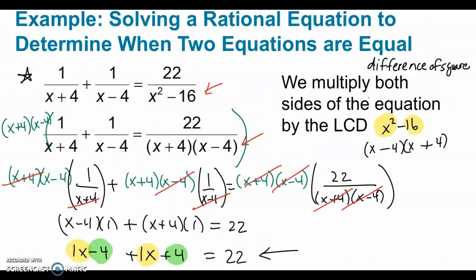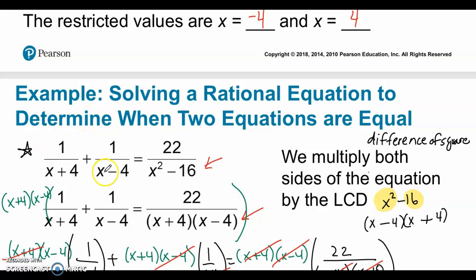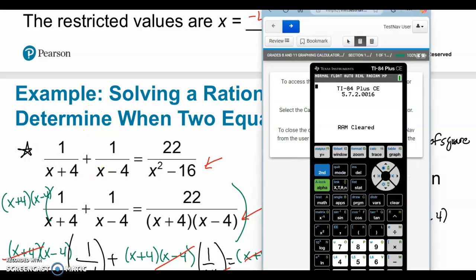Take it back to the original, and you have to go back to this original. So going back to the original, use the calculator. And wherever you have an x, put in 11. Notice how I'm surrounding my expressions that are part of the fraction with the parentheses.